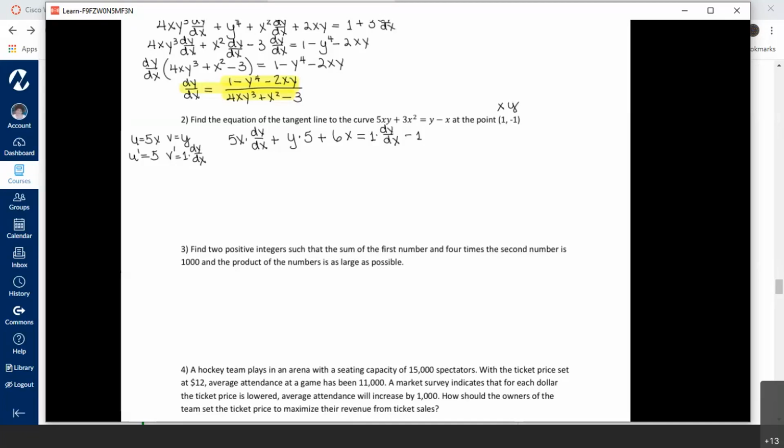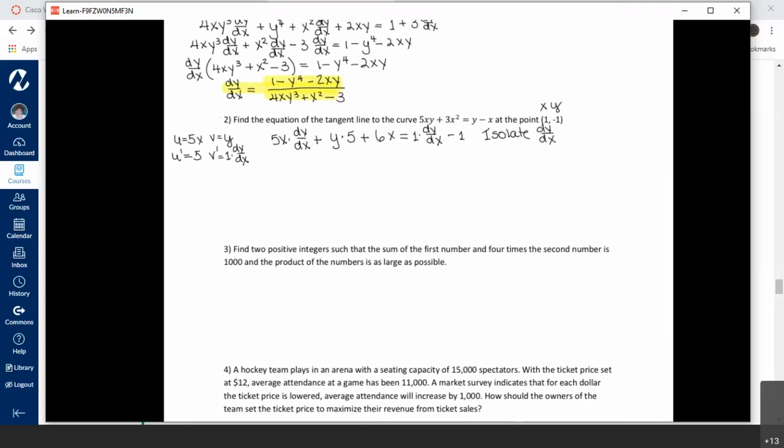Okay, so next we're going to isolate dy dx. That involves the same thing: getting everything on one side of the equation with dy dx's. So these two are going to be over here. This dy dx will have a negative sign. I'm going to write this as 5y. It's going to wind up over here with a negative sign in front.